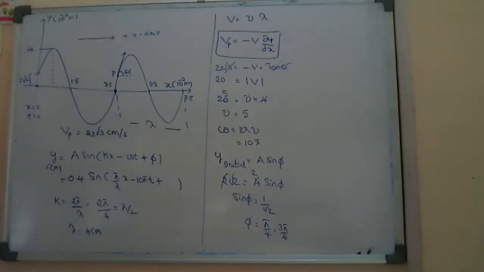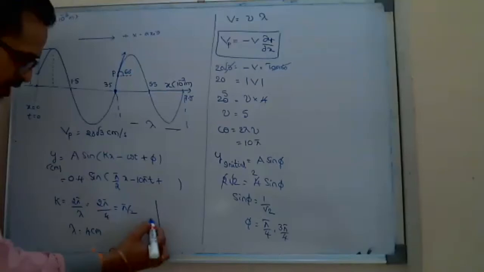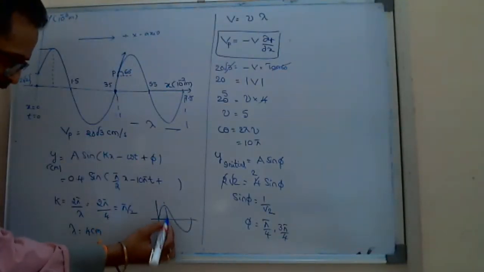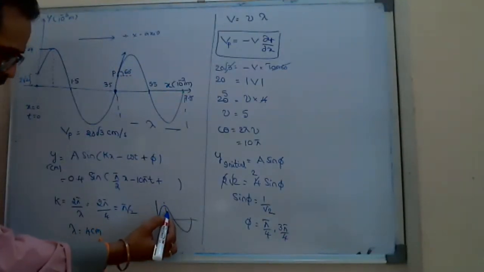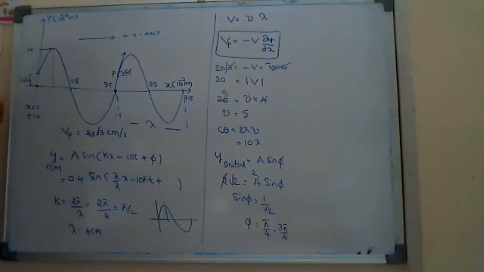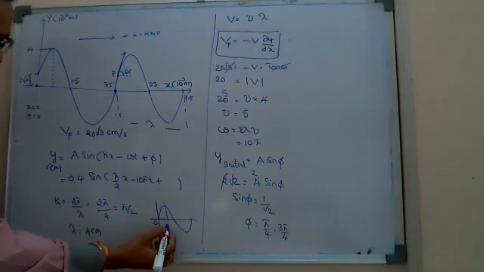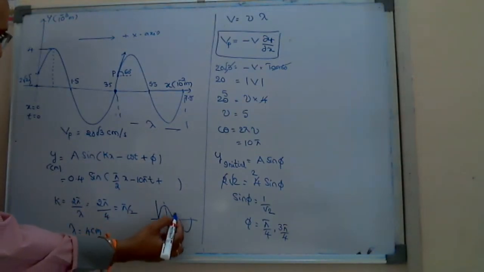But we have to substitute not 3 pi by 4 now. Why? Because in the wave, till here, theta is negative. Not negative now. 3 pi by 4 is 135, less than 180. Less than 180 means this is 0, this is the positive side, this is 180.